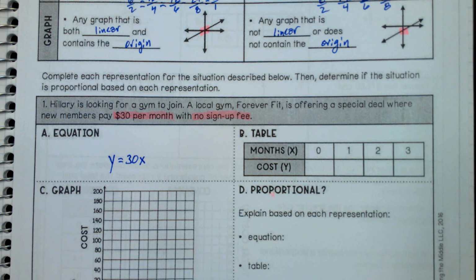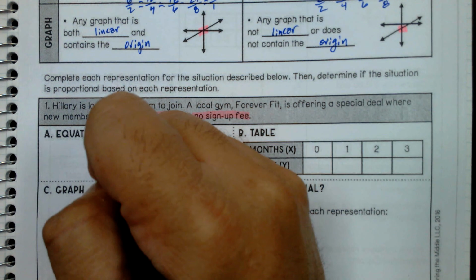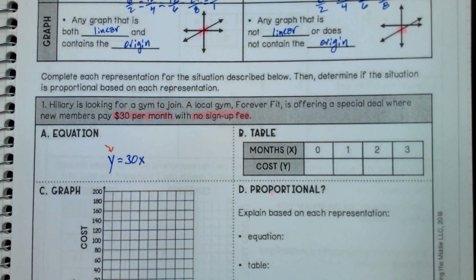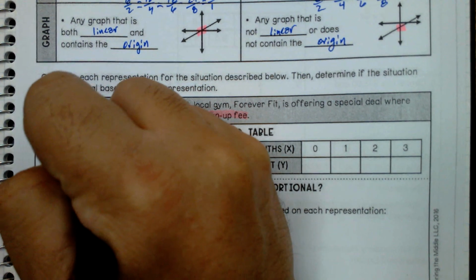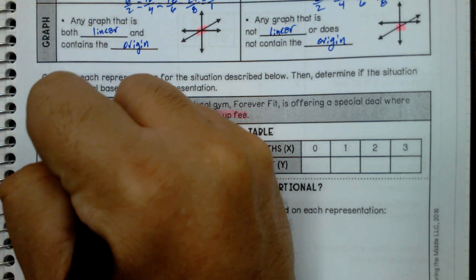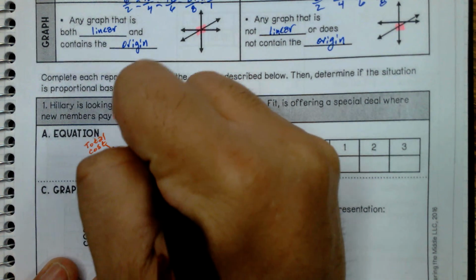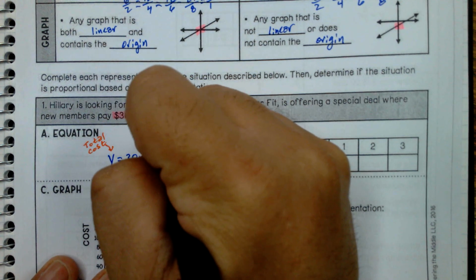Okay, so besides that, let's determine what is y and what is x. Let's make sure we know what our variables represent. If we're using the equation y equals 30x, what's y represent? The total cost. And how about x? Number of months.